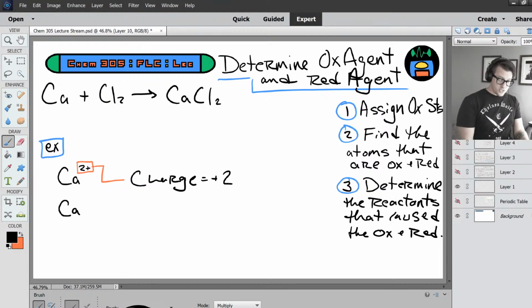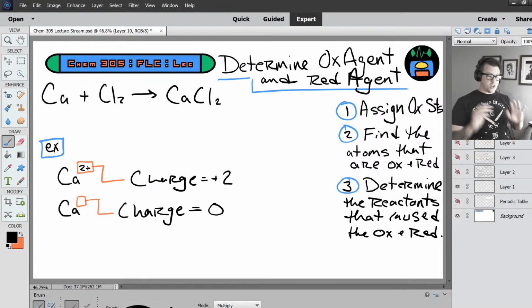If I ask you what's the charge of this, the charge is still written right here. It just happens to be 0. There's no charge. So if you have a compound, or an element, whatever, where there's nothing written superscripted to the right, that just means it has a charge of 0.